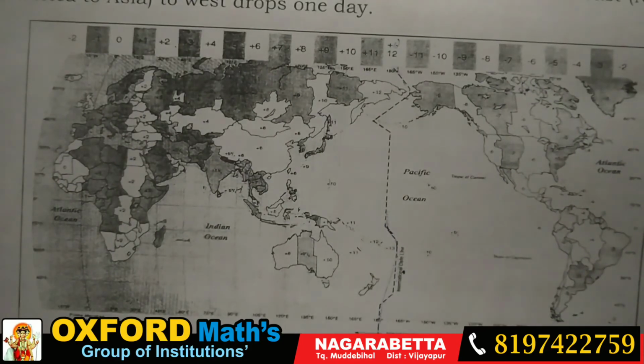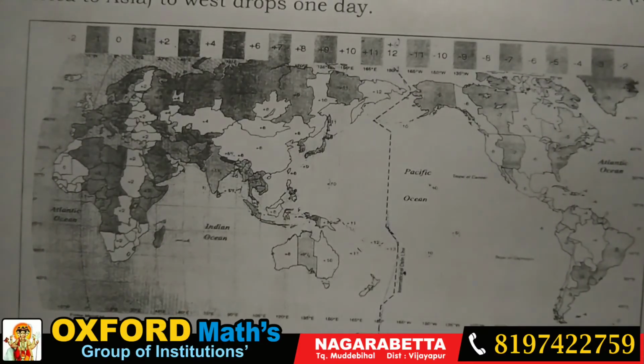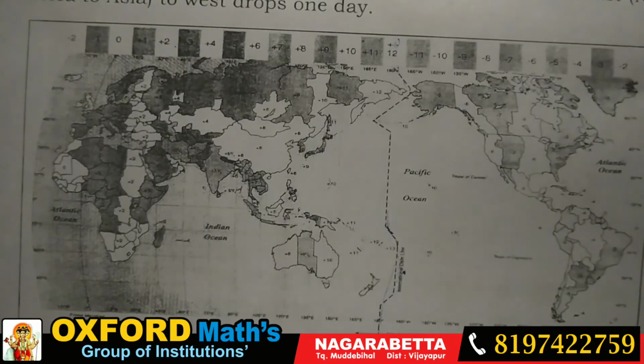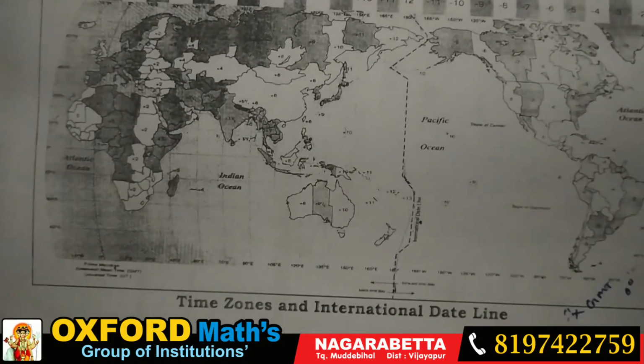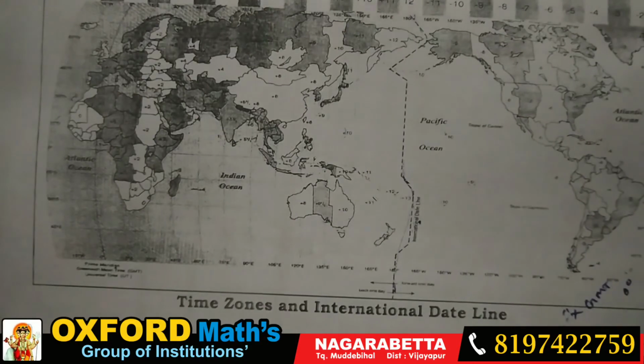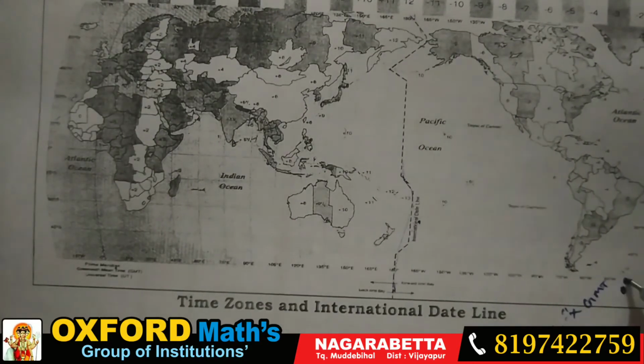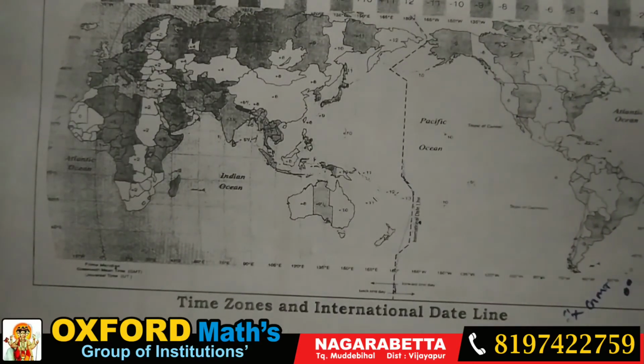So the date line is opposite to GMT. GMT is 0 degree and the date line is 180 degree. GMT is near England and the 180 degree line is near the Pacific Ocean.